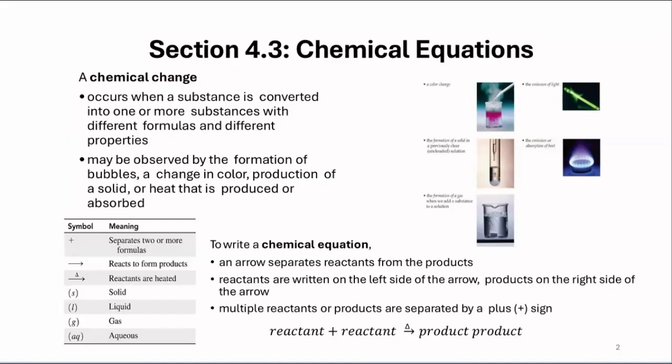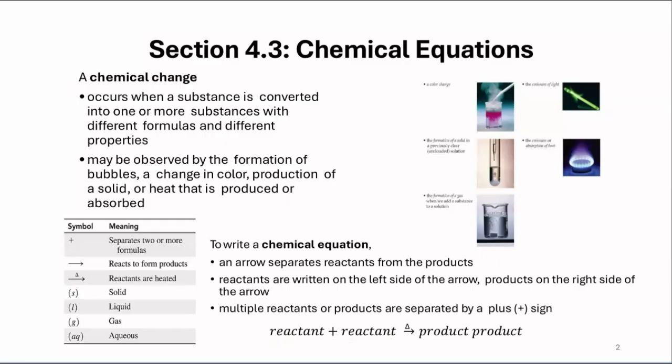When we have a chemical equation, because this is an illustration for a chemical change, there are parts to it. The substances that will react are called reactants, and we can see that we can have one or multiple.